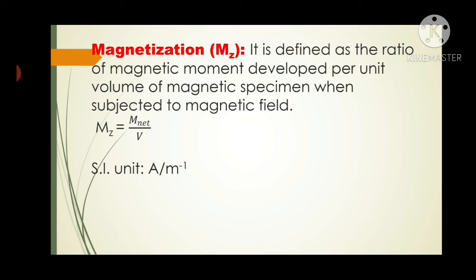This magnetization is denoted by Mz. What is the formula for it? Mz is equal to M net, that is, magnetic dipole moment divided by volume. The SI unit for magnetization is ampere per meter.